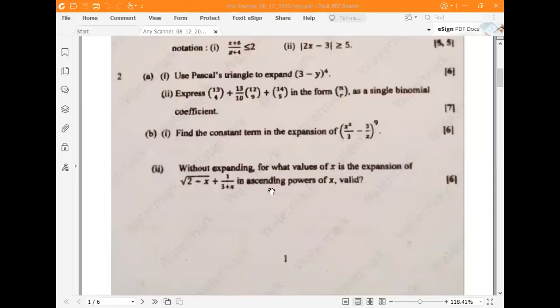So without expanding, for what values of x is the expansion of these in ascending powers of x valid? So we are here to find the range of values. We don't have to expand anything. We just need to find where it would be valid if you were to expand it. So let's see how we get it.